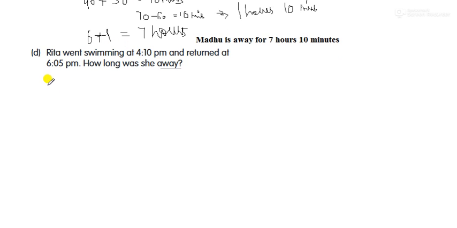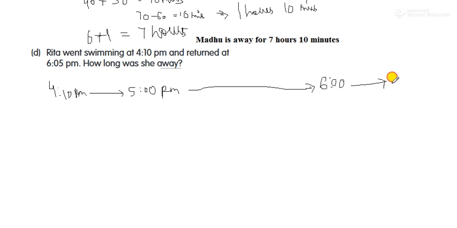So here, start at 4:10 p.m. 4:10 p.m. to 5 p.m. Next, 5 to 6 p.m. Next, 6 to 6:05 p.m. Here, 4:10 to 5 is 50 minutes.